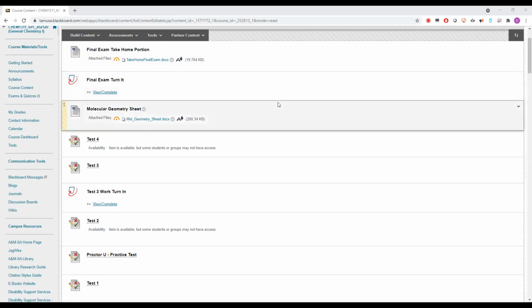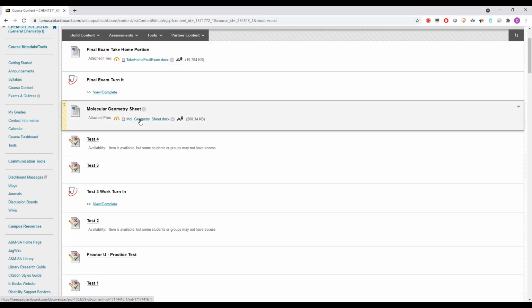All right, so one more thing. For today's lecture, I put up this file, the molecular geometry sheet, and I'm going to try to have the PowerPoint and that sheet open at the same time, because what we're going to talk about today is how to determine the shapes of molecules.